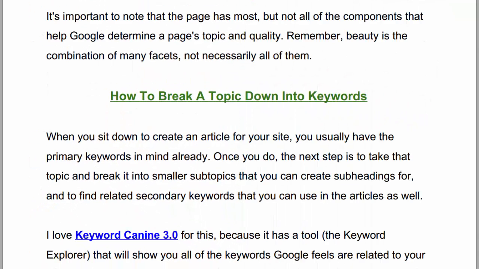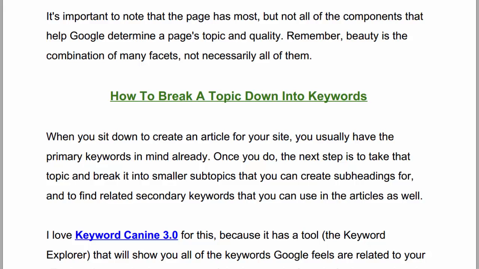How to break a topic down into keywords. When you sit down to create an article for your site, you usually have the primary keywords in mind already. Once you do, the next step is to take that topic and break it into smaller subtopics that you can create subheadings for, and define related secondary keywords that you can use in the articles as well.